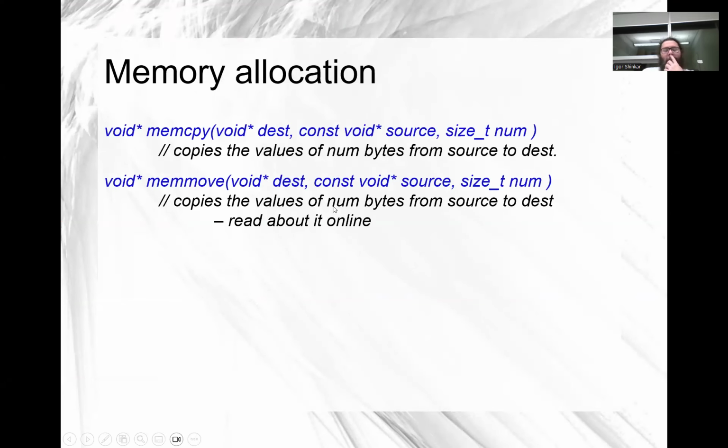Namely, memcopy assumes that source and destination are disjoint blocks. Mem_move allows the blocks to be overlapping. So read about it, try it yourself. It's not very hard, but I think it's a good exercise. Usually you will not need mem_move. You will need only memcopy, but sometimes mem_move is useful.